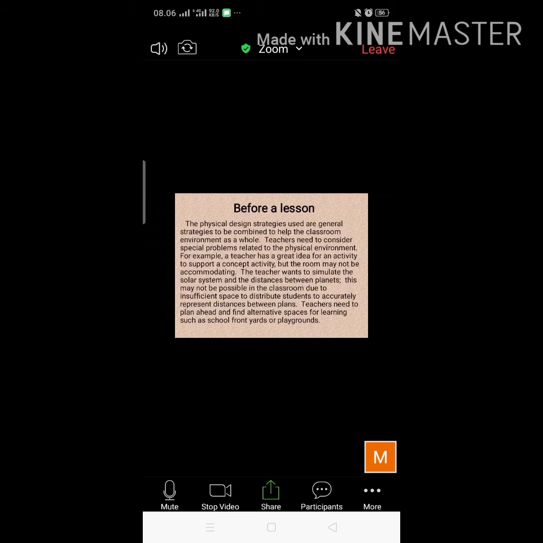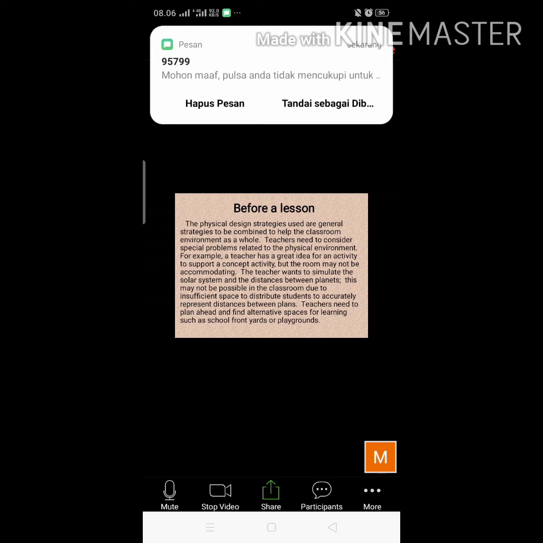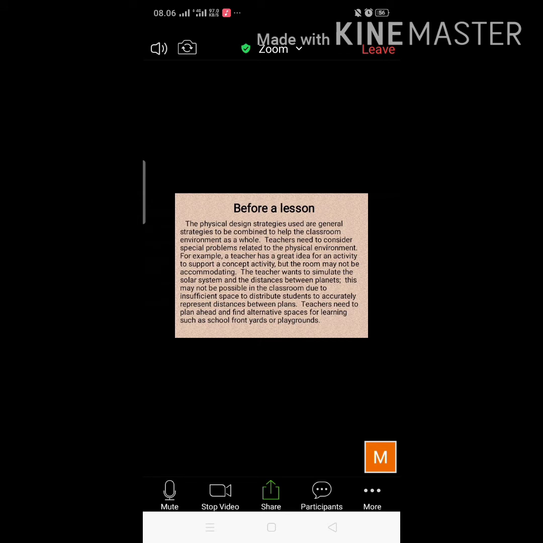Before a lesson, consider the physical environment. The strategies used are general strategies to be combined to help the classroom environment as a whole. Teachers need to consider special problems related to the physical environment. For example, a teacher has a great idea for an activity to support a concept, but the room may not be accommodating.